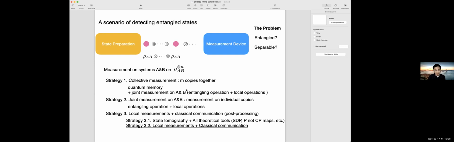Then after quantum state tomography, we can apply useful theoretical tools, for instance semi-definite programming or the PPT or not-completely-positive map criteria, to detect entangled states. So if we assume our technology is local measurement and classical communication, then there are two possibilities. The first one is quantum state tomography, and the next one is a strategy based on local measurement and classical communication.